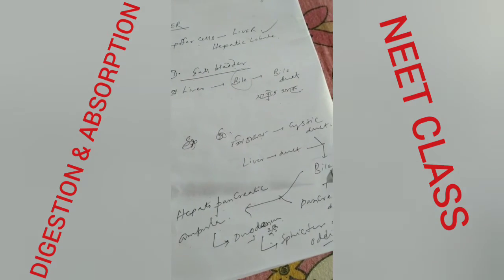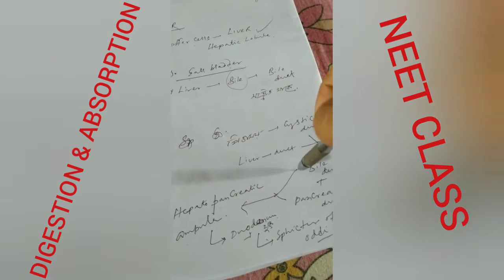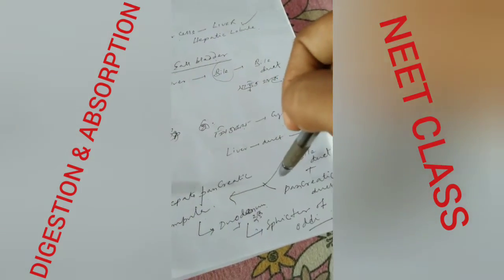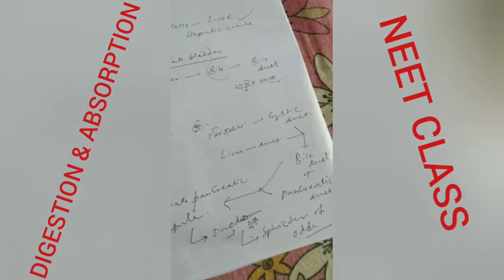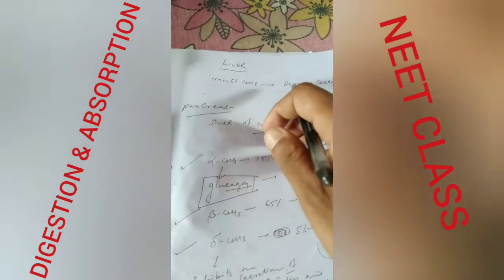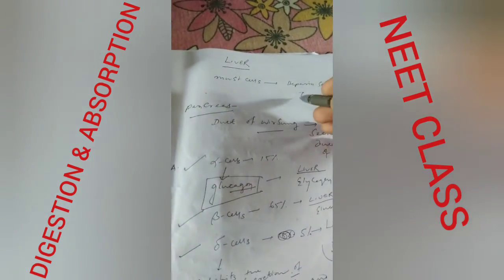That bile duct and the pancreatic duct form the hepatopancreatic ampulla, which is associated with the duodenum, and the sphincter of Oddi is very essential here. And in the liver, it contains mast cells which secrete heparin.